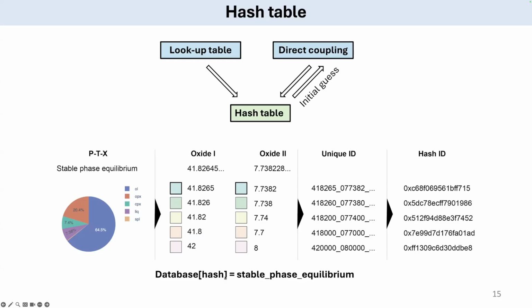And if it does not exist, you have two alternatives. Either you do a full new thermodynamic equilibrium to compute a new hash from scratch, or you can use information from hashes that are quite close to the original one to provide an initial guess.